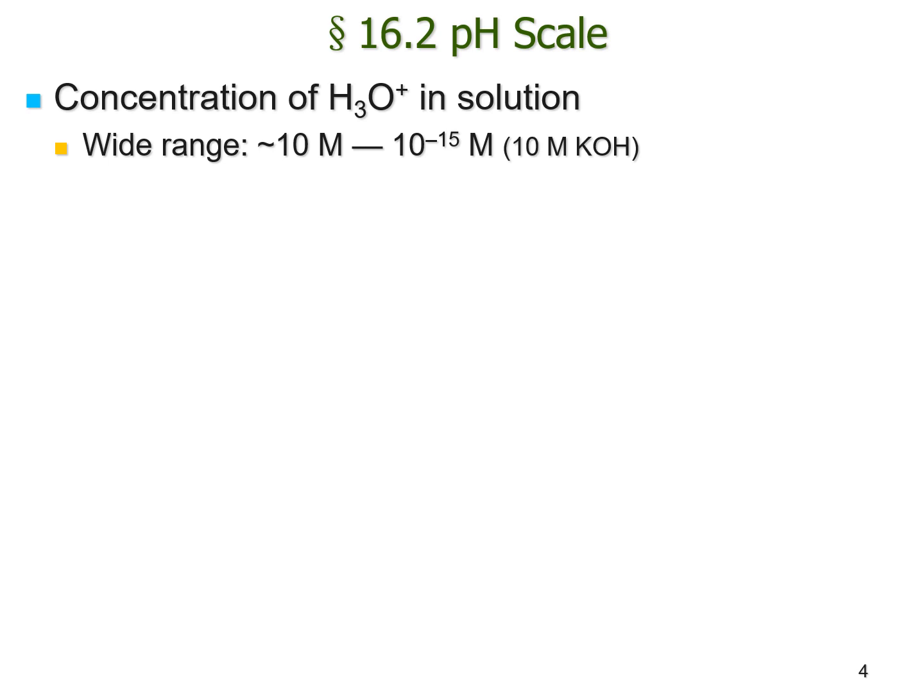According to Kw, the concentration of hydronium should be 10 to the negative 15. So that gives us a very wide range of hydronium concentrations to speak of, from 10 molar hydronium, like concentrated hydrochloric acid, all the way to a very concentrated strong base like potassium hydroxide solution. All of these can use the concentration of hydronium to represent.